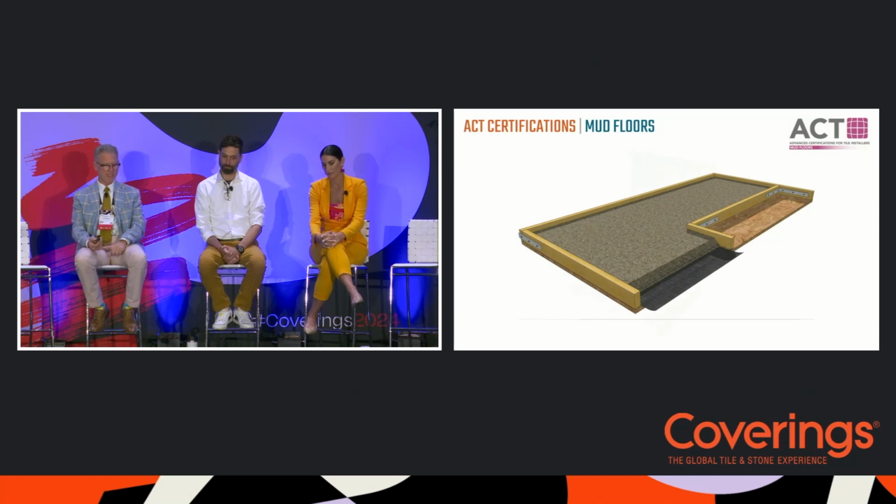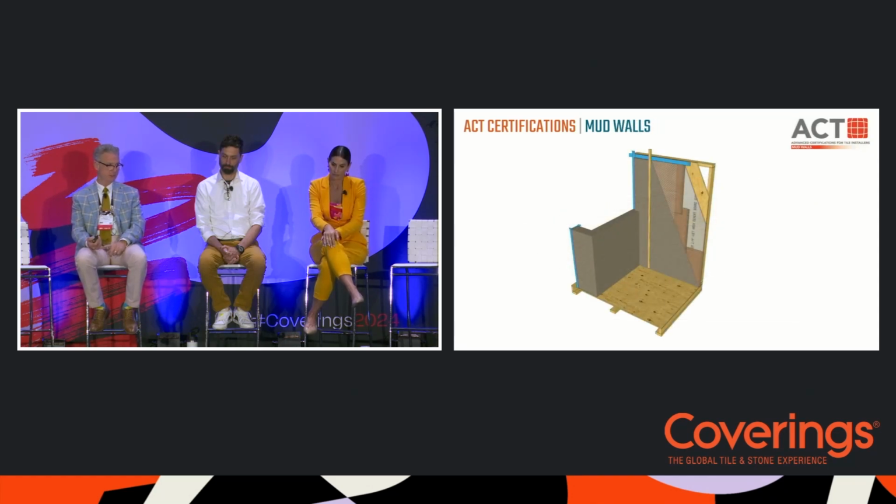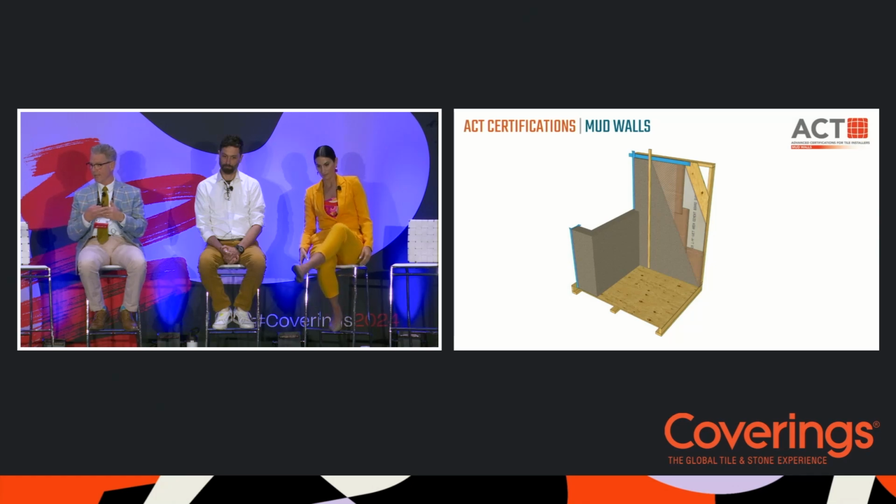For floor mud and for wall mud, the installers are evaluated on their ability to provide a flat floor and consistently thick floor with proper overlaps of the wire mesh or the wire lath reinforcement, and proper overlaps in the case of the wall of the cleavage membrane, which is the brown material, shingling that cleavage membrane.